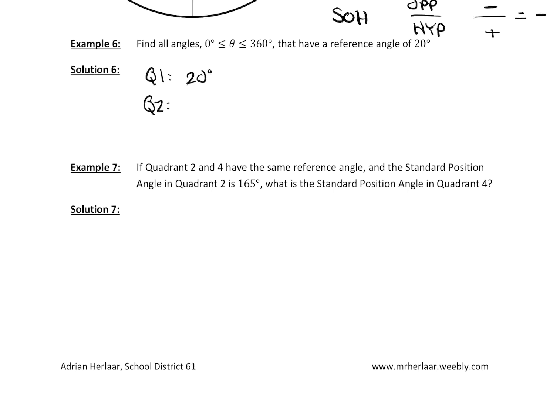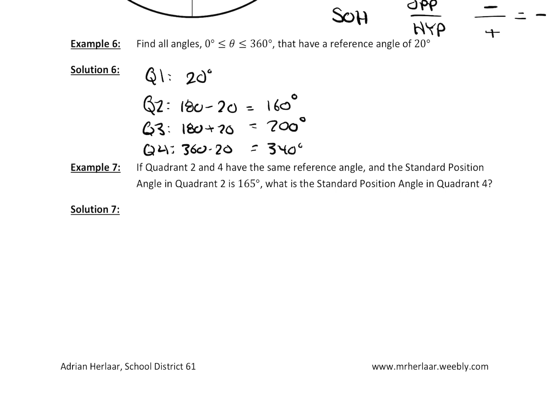In Q2, it's 180 minus 20, so 160. In Q3, it's 180 plus 20, so 200. And in Q4, it's 360 minus 20, so 340. Every angle will have 4 values, 1 in each quadrant, as reference angles.